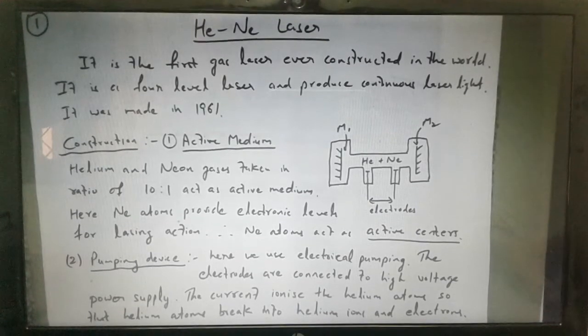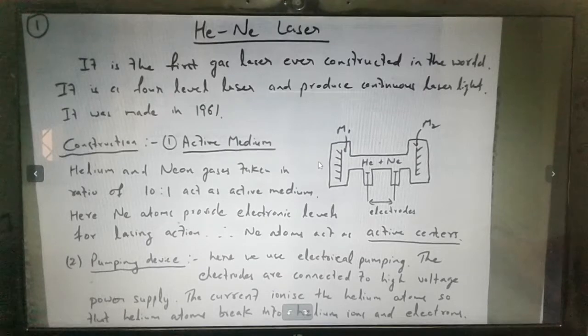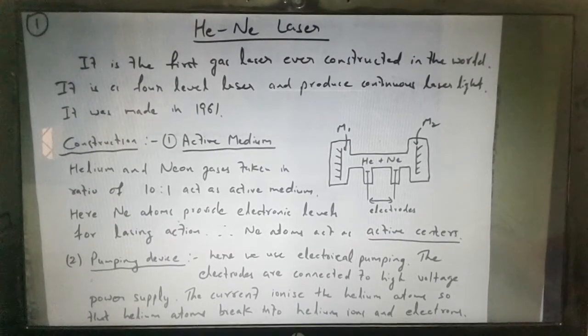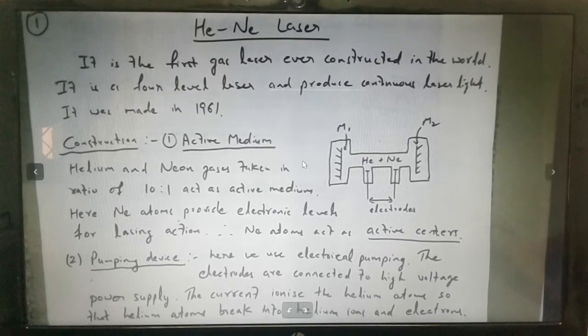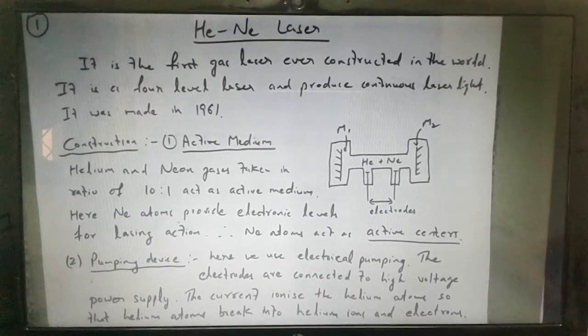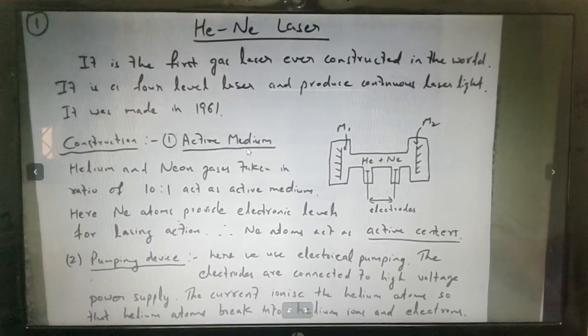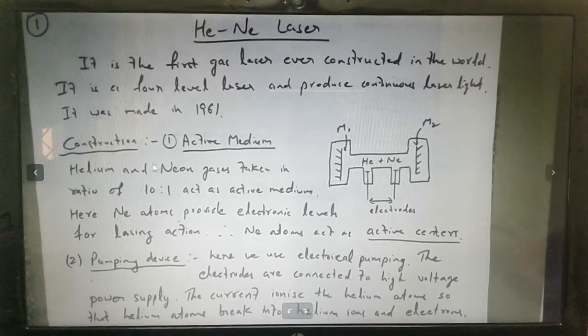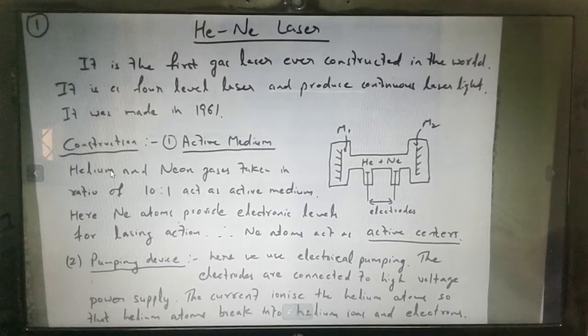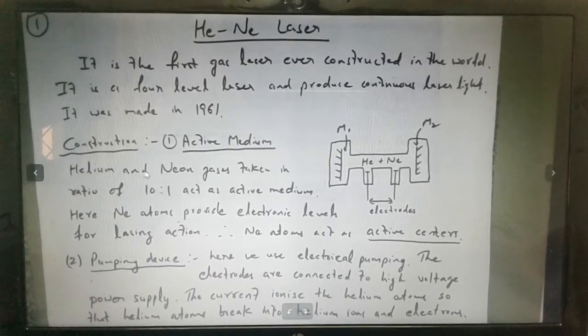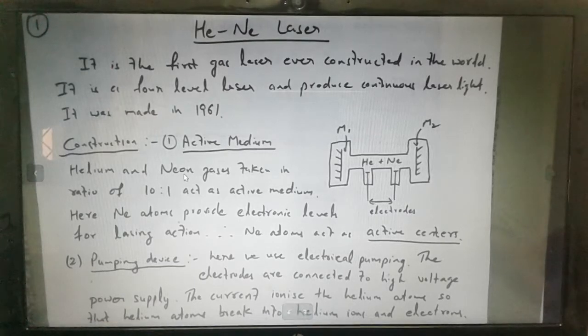Now first of all, the construction of the helium neon laser. As we know, for any laser we need 3 components. First is the active medium. Here in the helium neon laser, the active medium is a mixture of 2 inert gases, one is helium and the other is neon gas.